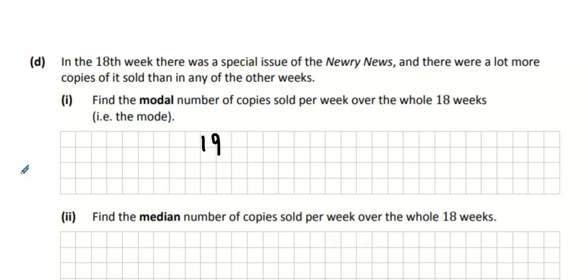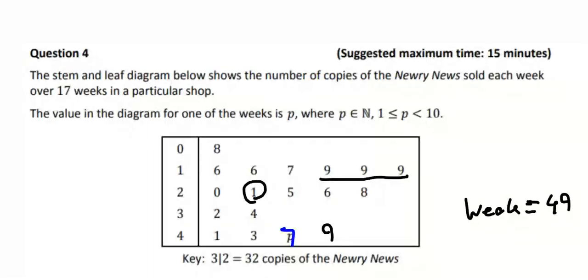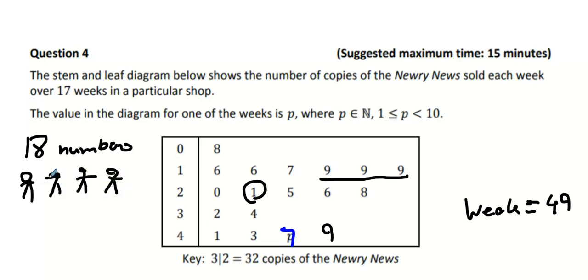The median, however, has now changed because the median is no longer the middle of 17 numbers, it's the middle of 18 numbers. And 18 numbers is even. That means there'll be two results in the middle. Just like with 4 people, the median is the average of the middle 2. So we're going to have to divide 18 by 2 to get 9. And if it divides perfectly evenly, it means you need both of them.